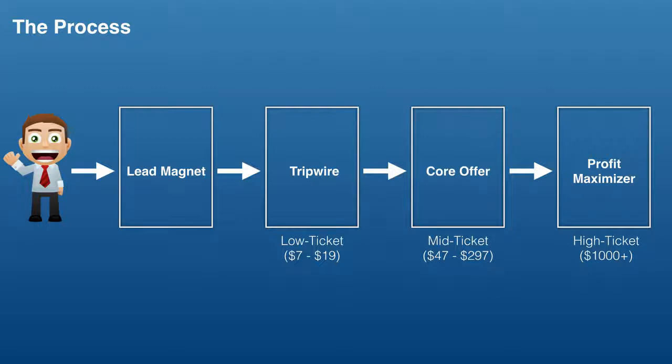Once we converted a lot of people into buyers, it's about step number 3, and that is getting people to buy the core offer. The core offer is a mid-ticket item somewhere between $49 to $297, and it's your flagship product. It can be a big course, it can be whatever. At that point, you're already making some decent profit because 2 transactions already took place.